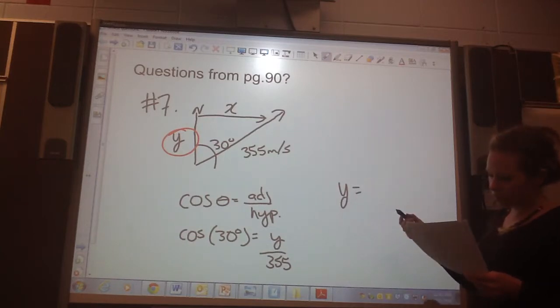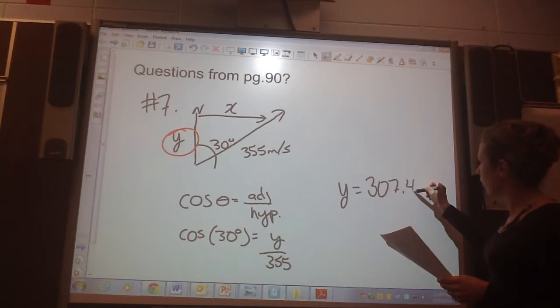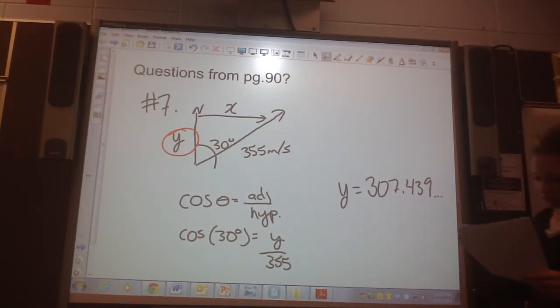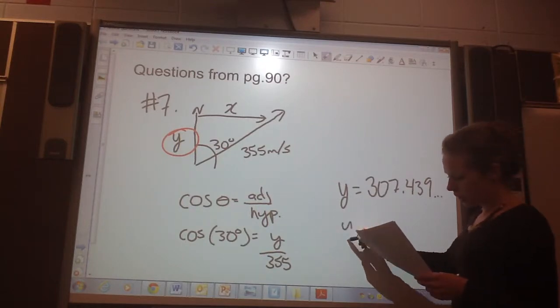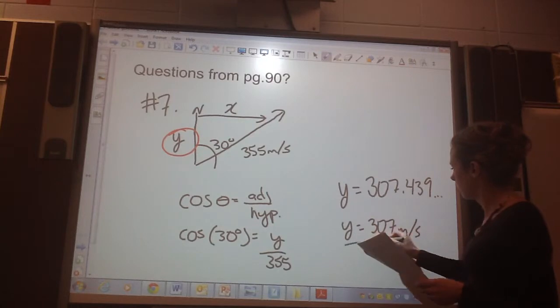So when you put that into your calculator, your y should equal 307.439, etc. So to sig digs, your y is 307 meters per second.